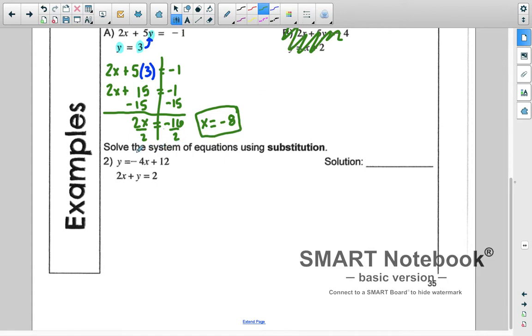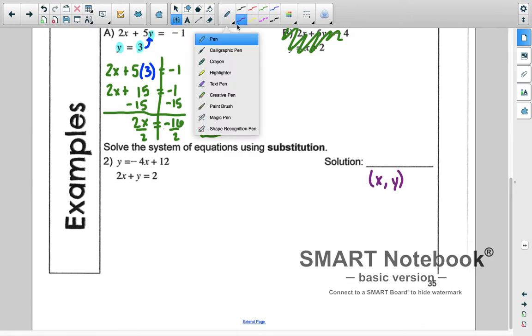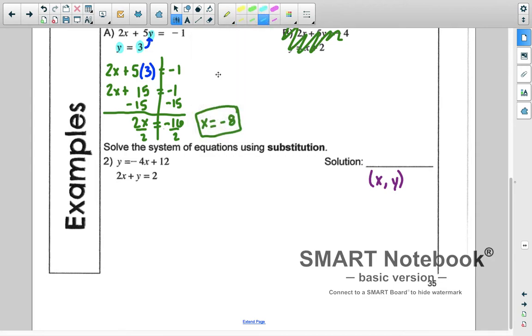All right, so this one says solve the system of equations using substitution. So this time, when we get to our solution, we want our solution to look like x, comma, y. Okay. So we need to figure out what is x and what is y. And when I look at the system, I see that y is already by itself.